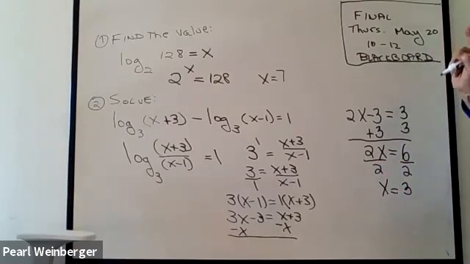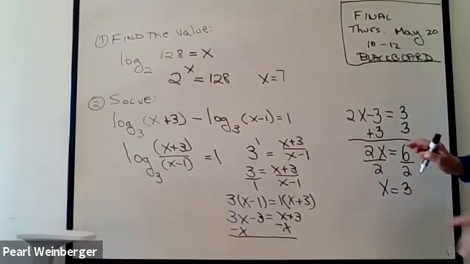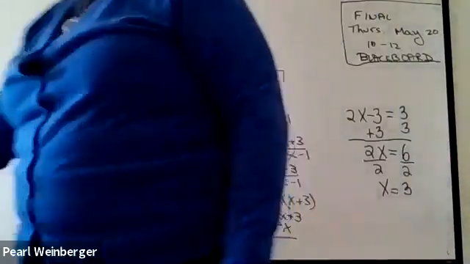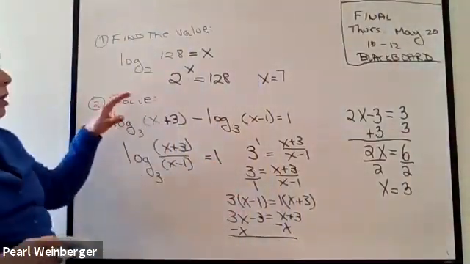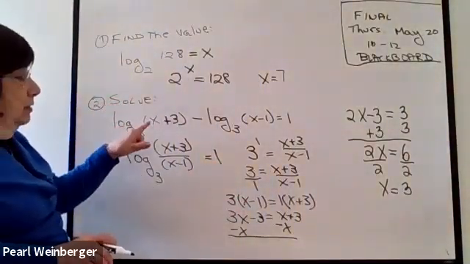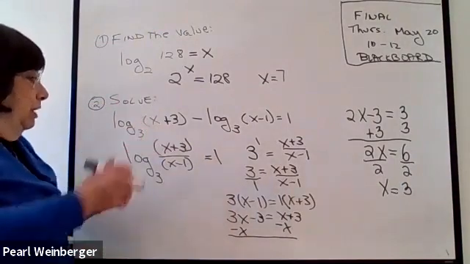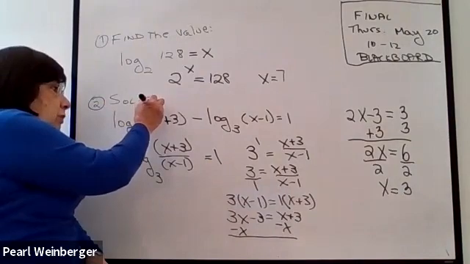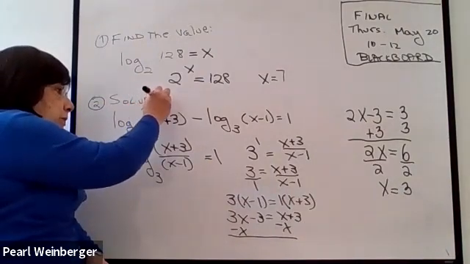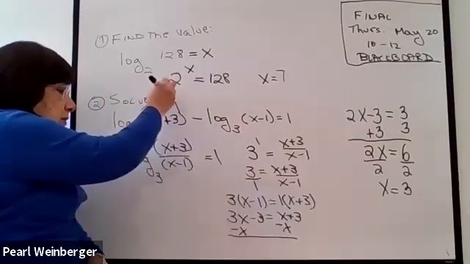Now, before I say that that 3 is a good answer, I have to go back to my original log equation and substitute the number 3 for the x. So if I substitute 3 for x over here, this will be 3 plus 3, which is 6.